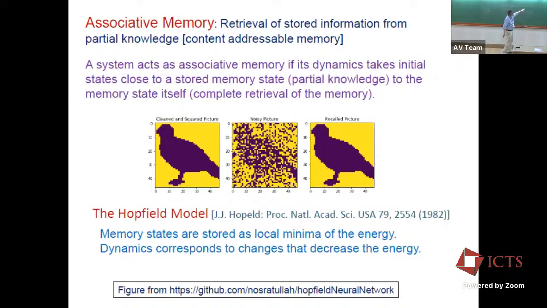For each of these patterns tau_i^alpha, alpha now goes from 1 to p, and i goes from 1 to n. You can look at the overlap of the spins with a particular pattern, and for good retrieval you want these m's to be large. So there are these parameters as well as the spin glass order parameter.